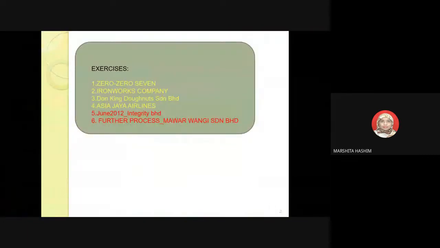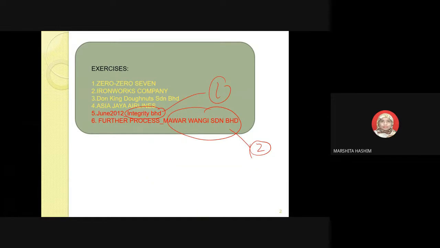Integrity Berhad is one question, and Mawar Wangi is another question. I will use these 2 questions as illustrations. We continue on Thursday with these 2 issues. Then only you can do your tutorial questions.